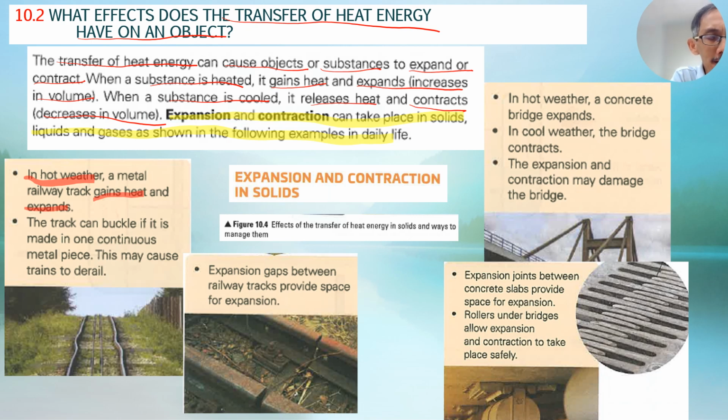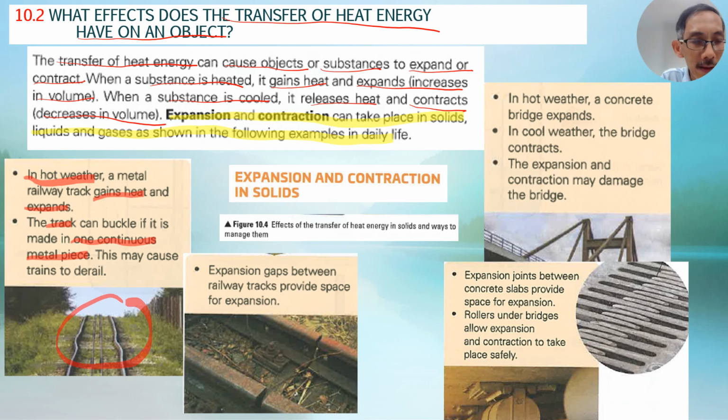So when the length has expanded, and if the track is one piece of continuous metal, what do you see in the picture? Will the track still be straight as the metal expands and gets longer?